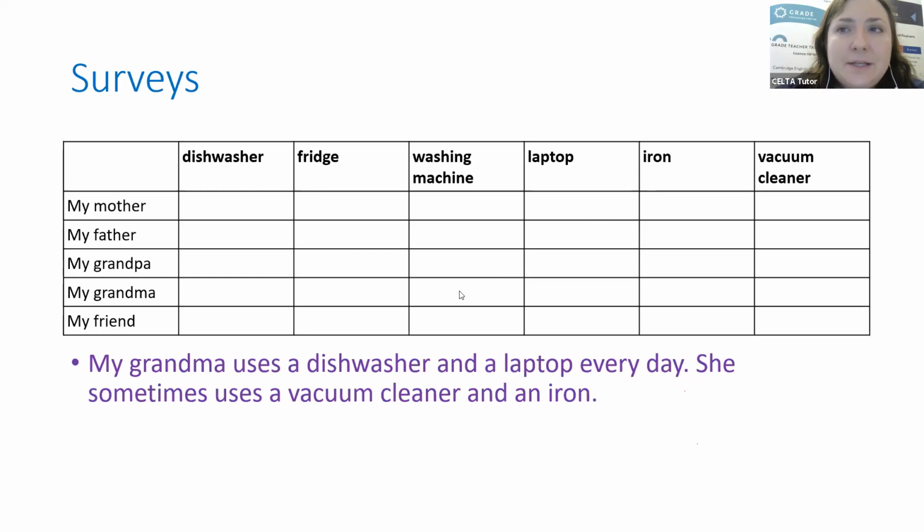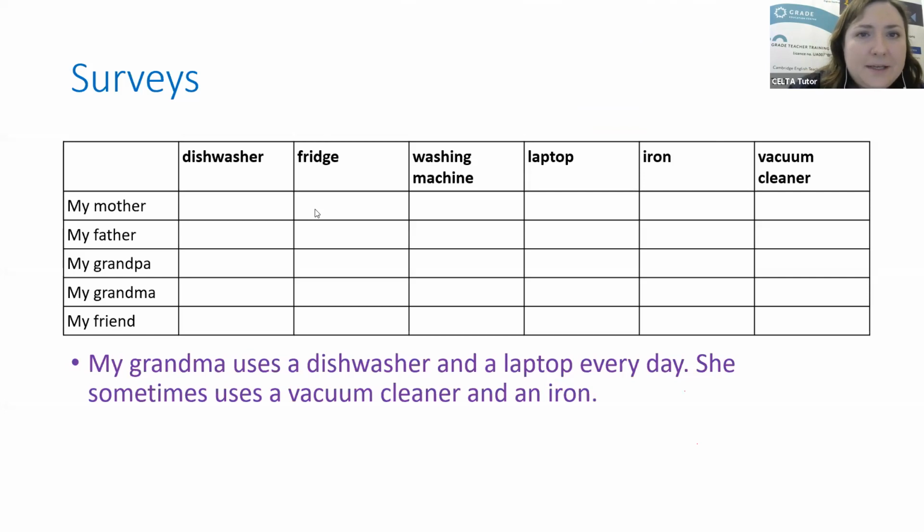So first of all, if the kids are, let's say, weaker, or in the first, second, or third year of learning, they cannot produce a lot of language. They probably are not very good at questions. They can just use this to report, to talk about their family.